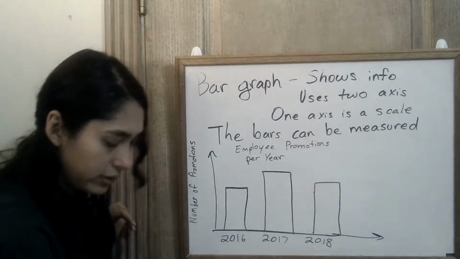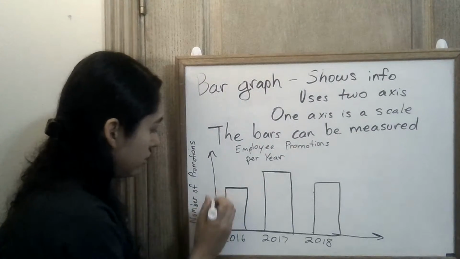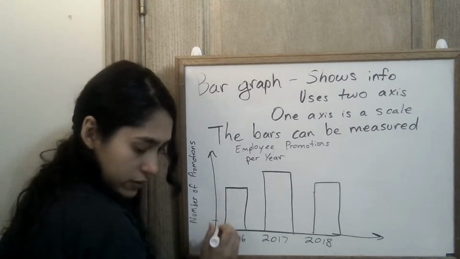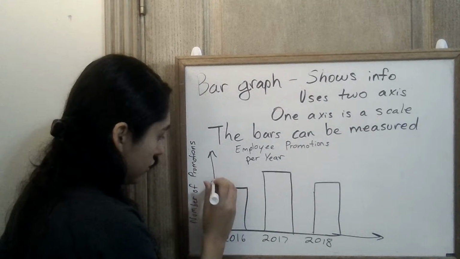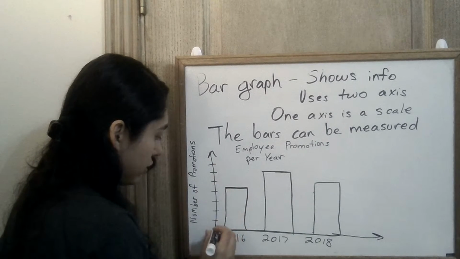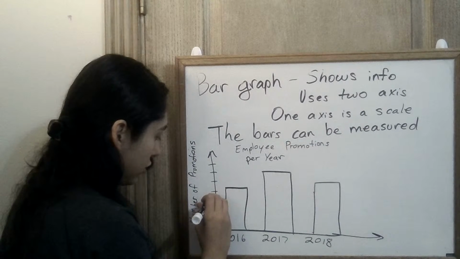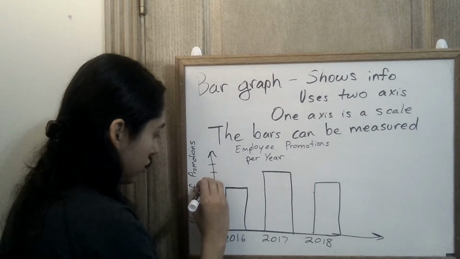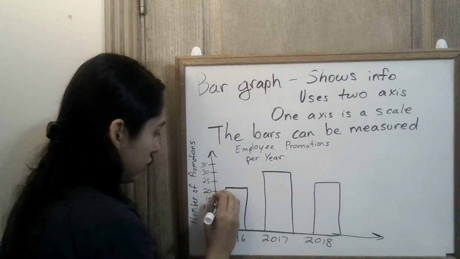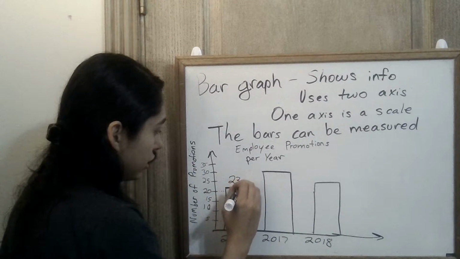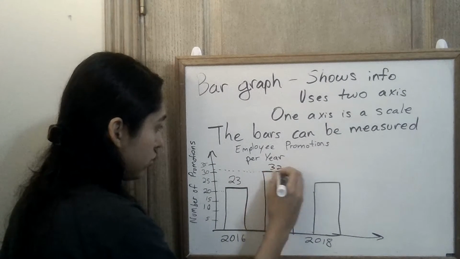And let's go ahead and add some values. Let's say this was 23. 32.